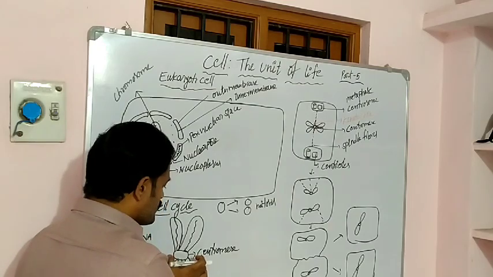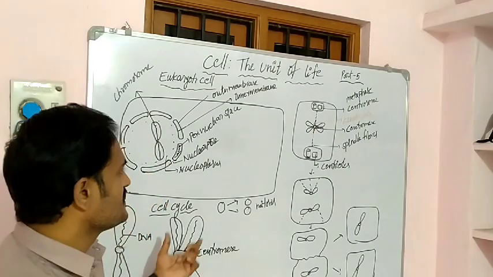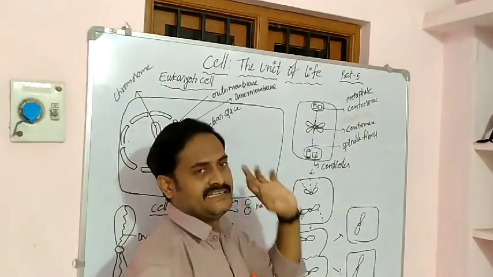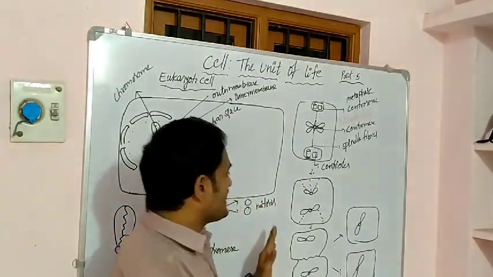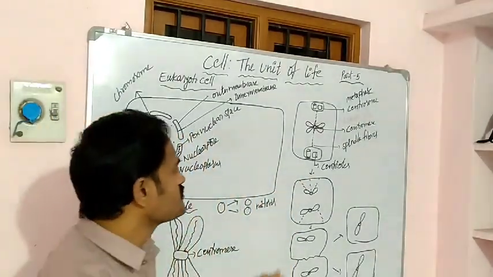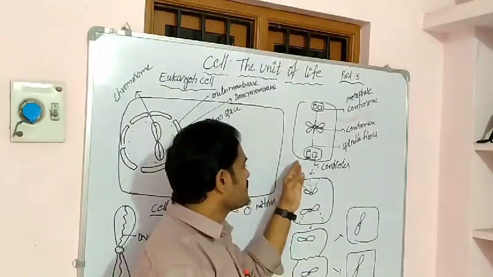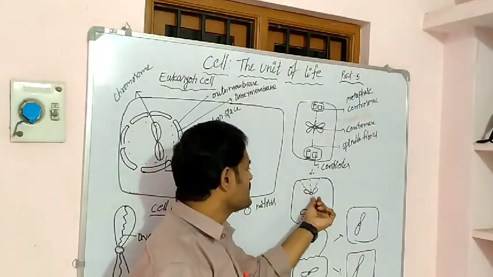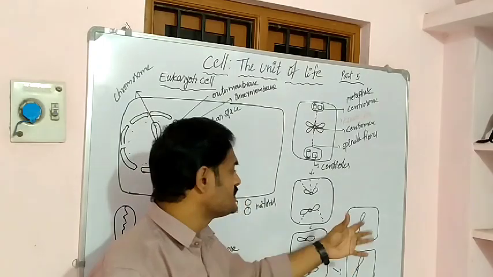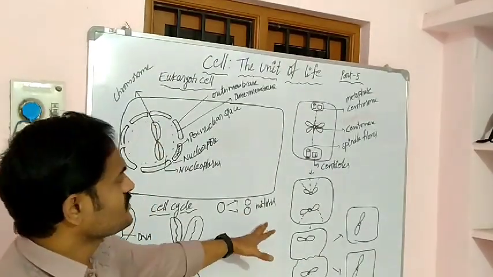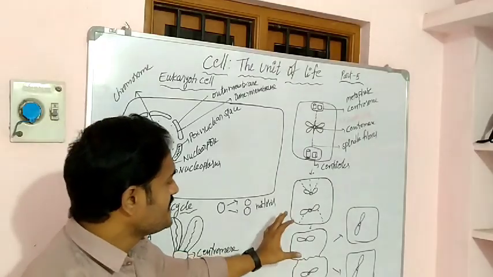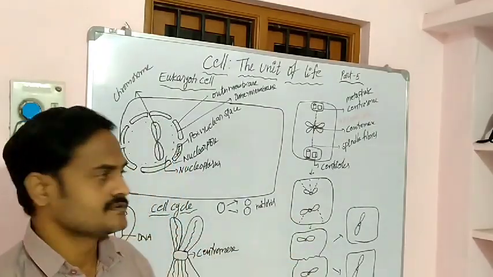This kind of chromosome we see clearly in the metaphase. So this is about cell division, how the chromosomes are split and how an equal number of chromosomes are given to the daughter cells. Okay, this is about the division of the chromosomes.